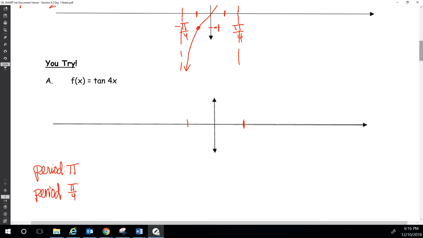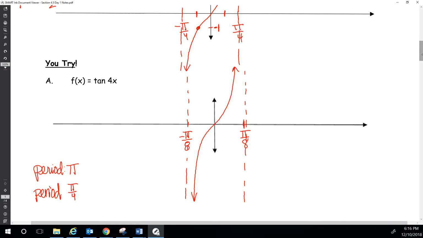So half of a fourth of a pi is an eighth of a pi. So negative pi over 8 over here, and then positive pi over 8 over here. And then at both of these, we need an asymptote. And we're going to start low, go through the origin, and end high.